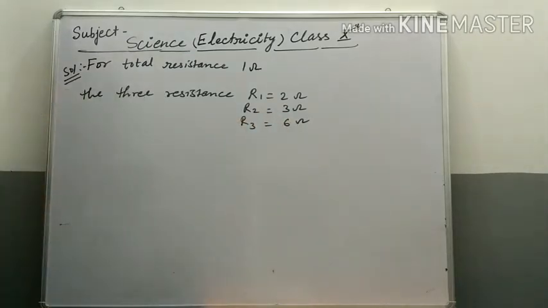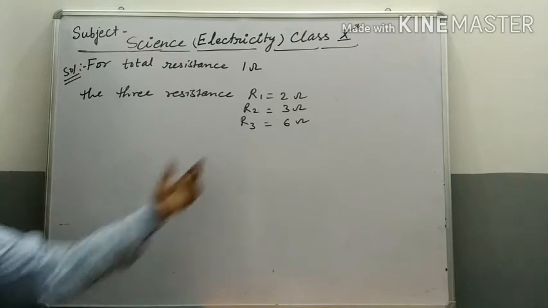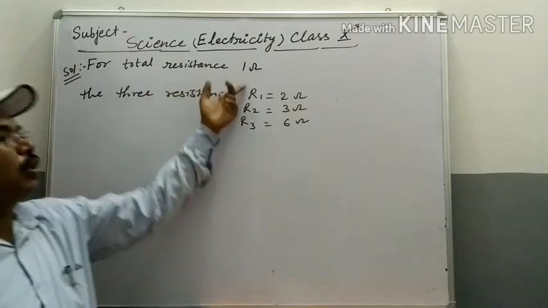Students, how to connect these three resistances to get the total 1 ohm?